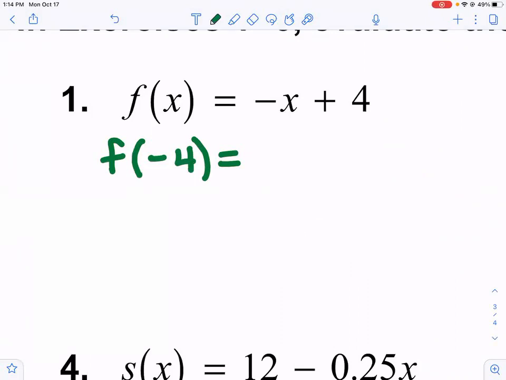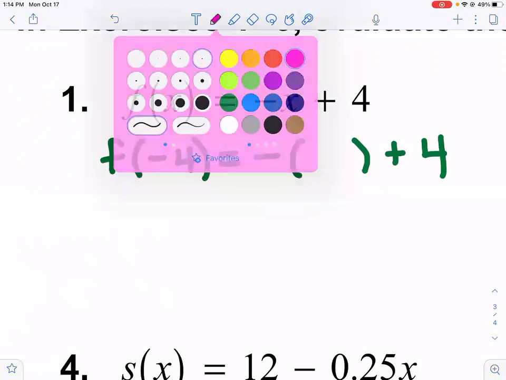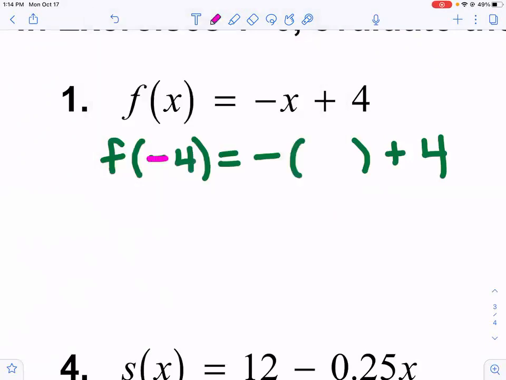Now this is what I like to do when I'm plugging numbers into functions. I like to rewrite it, but instead of x, I write a parentheses. So -x plus 4. You see how I did that? Now, instead of x, I'm going to write -4.